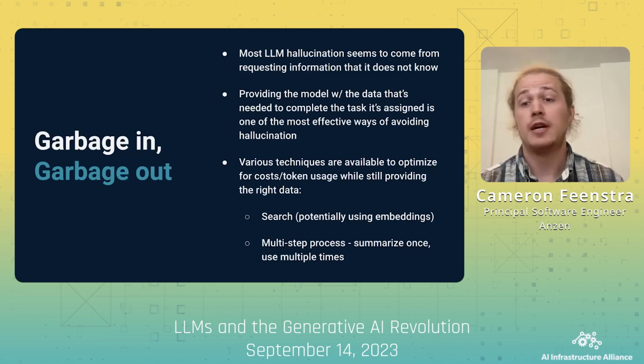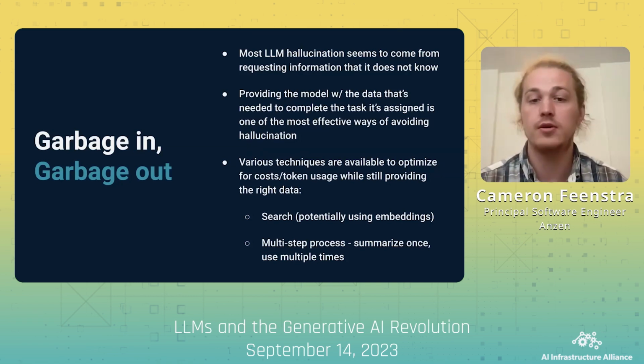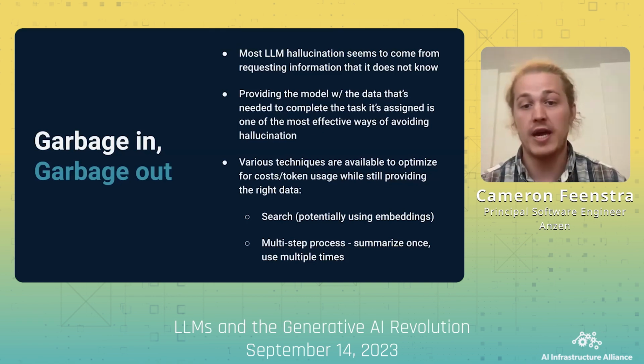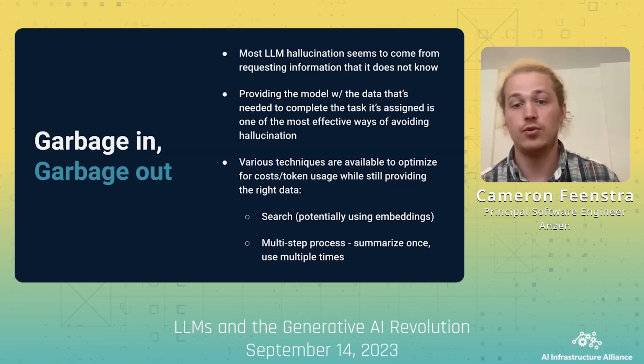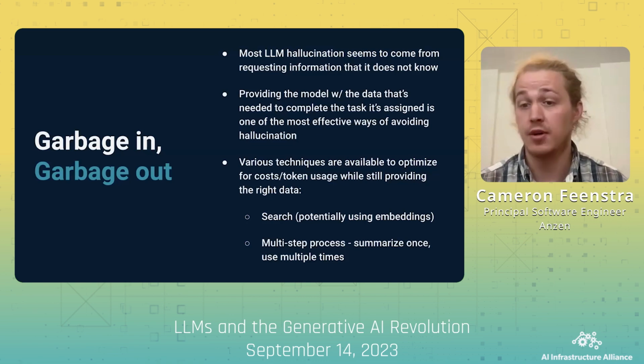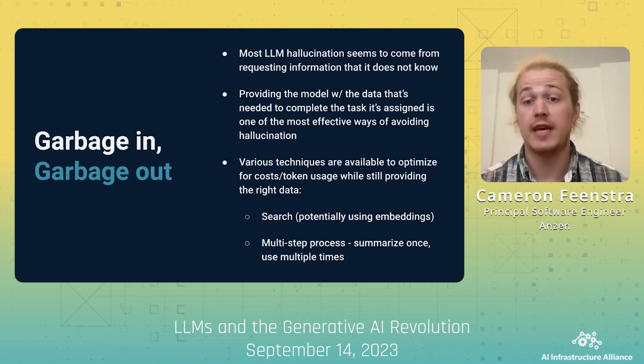Rather than providing the entire text of the PDF to the model, you first embed either the sentences or passages of the PDF, and then you also embed the query, and you use that to filter down the sections of the document that you think are most likely to be relevant. And then you only provide those to the model rather than providing everything.